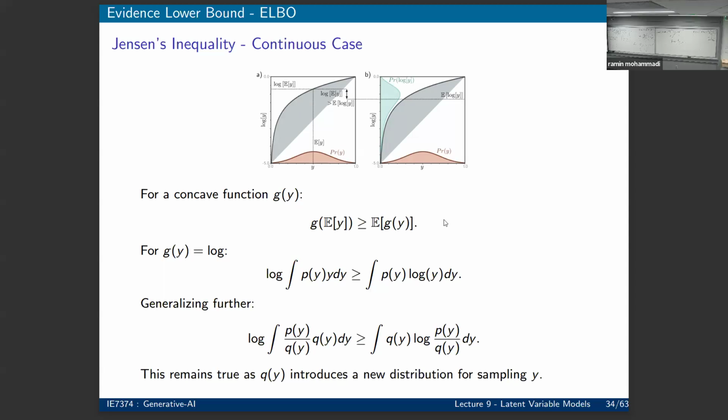Because the log went inside, this becomes an expectation, right? Because this term is an expectation over Q. Q times probability becomes expectation over Q.